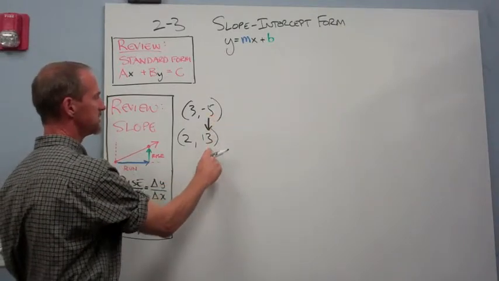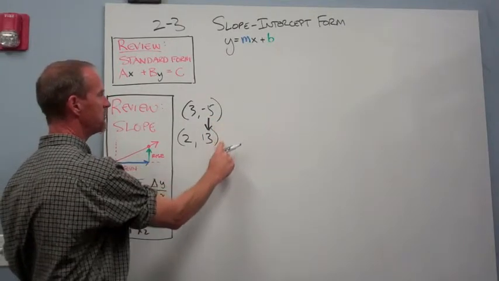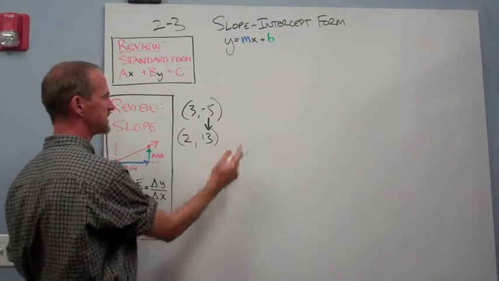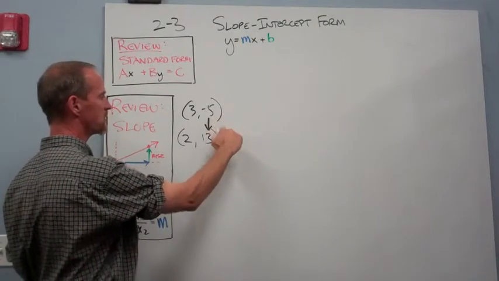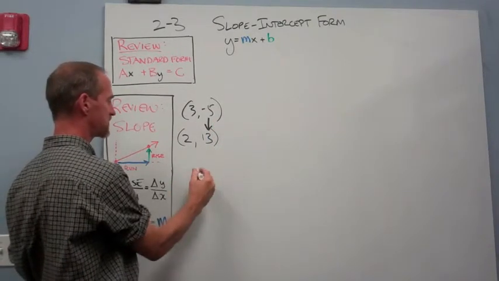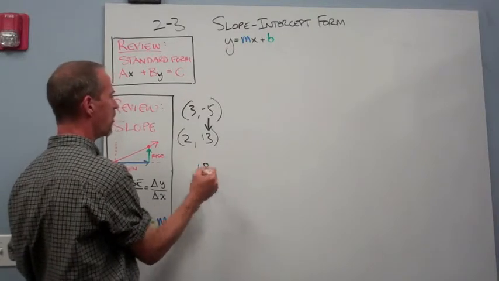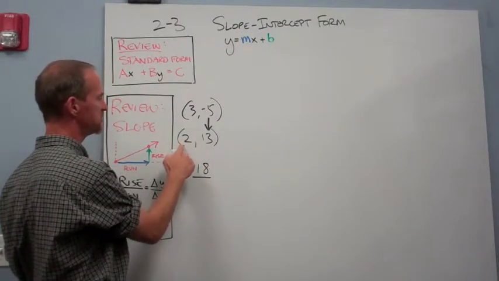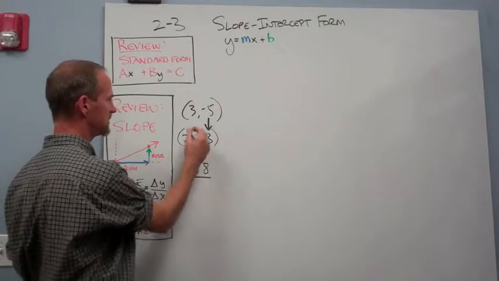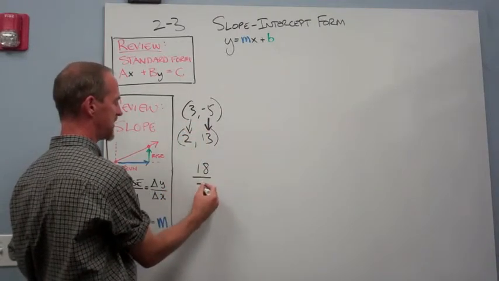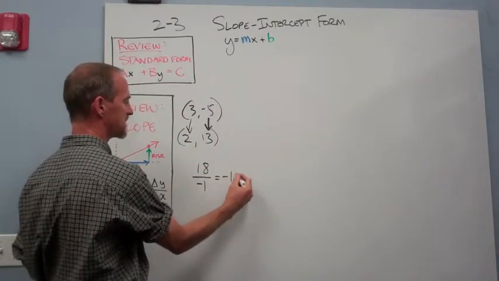Negative 5 to 13, that is going up, and it's going up by 18. Think about temperature. If it's 5 degrees below zero, you're warming up 18 degrees to get to 13. That's your rise. Over your run from 3 to 2, that would be a change of going down one number to negative 1. So you just say the slope is negative 18.